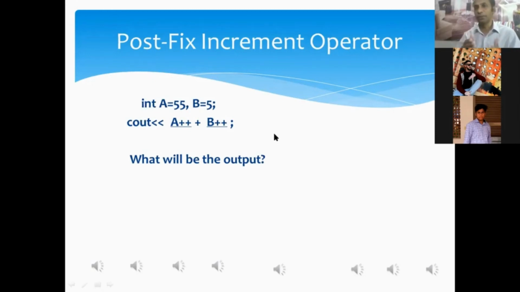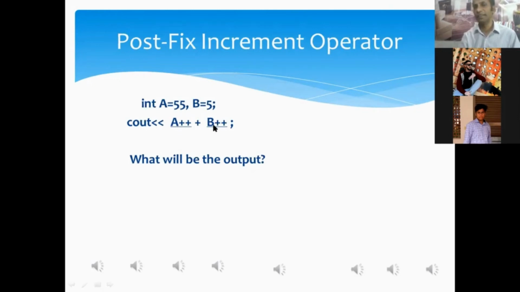If you go back to the previous example, I told you one thing. When we use the postfix increment operator, what will be done? First of all, we use the actual, current value of the variable. Now you tell me, what is the current value of A? The current value of A is 55, sir.